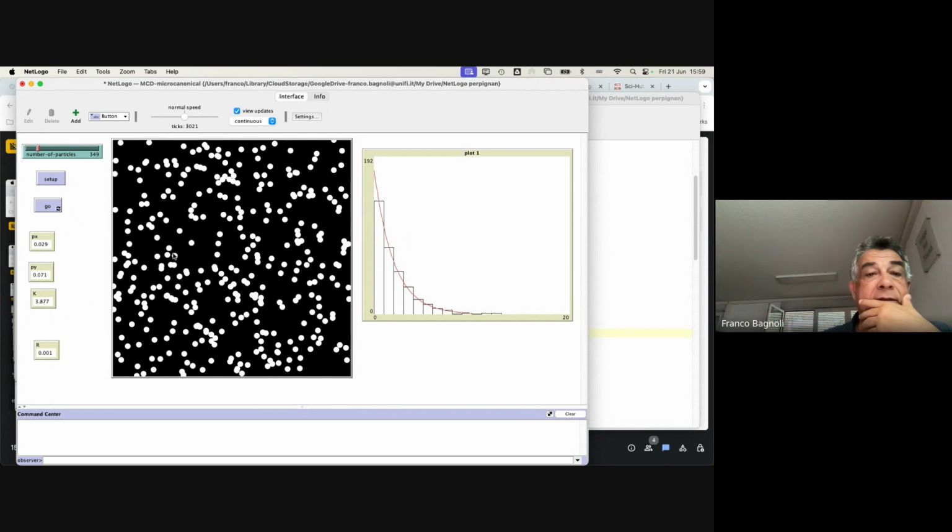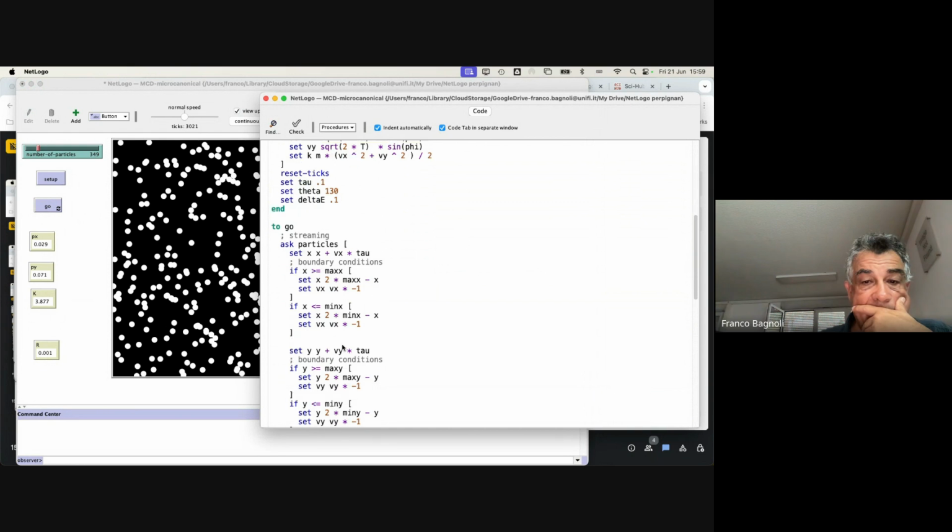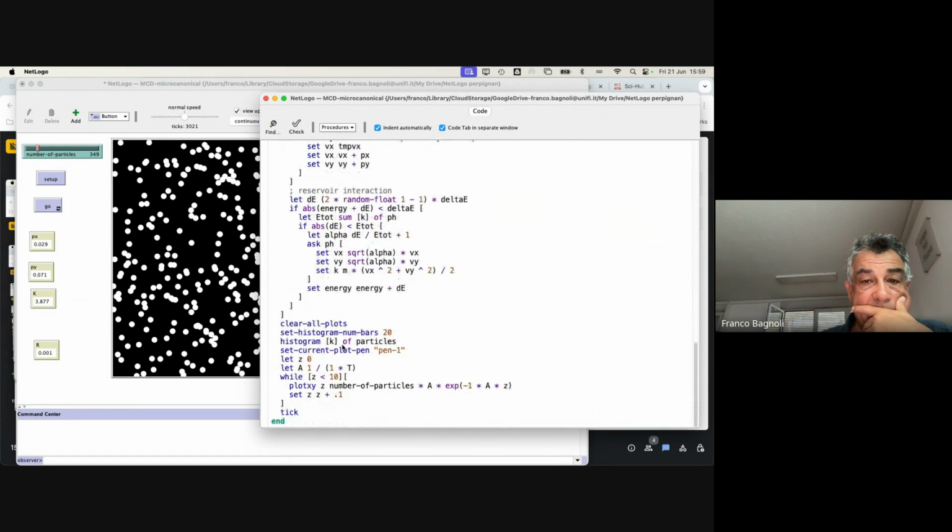Why? Because the exchange should be 0, because I multiply each velocity by the square root of alpha. So Vx squared plus Vy squared is alpha times the old energy.